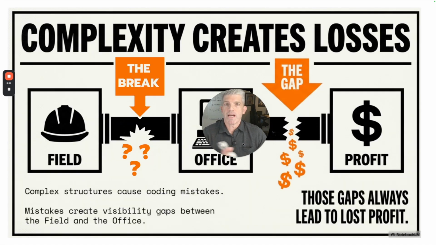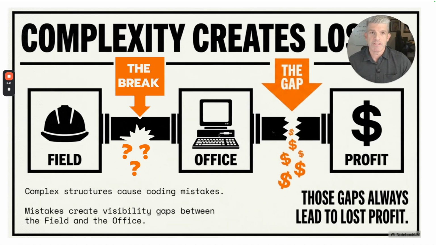Here's what happens when cost codes are too complex. They might be designed, they might be implemented out here in the field, but when purchases are made and when money has been spent, every dollar is going to show up over here in the office. Every transaction is going to end up in your accounting software. And if every dollar related to a project isn't assigned a project bucket and a cost code bucket, then that's where the information starts to leak.